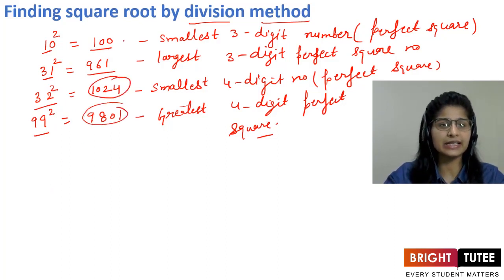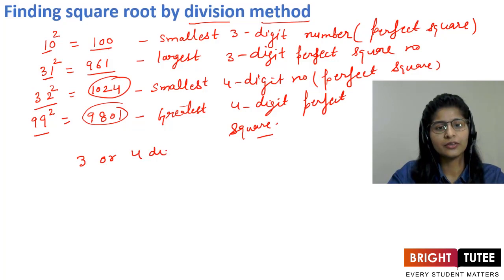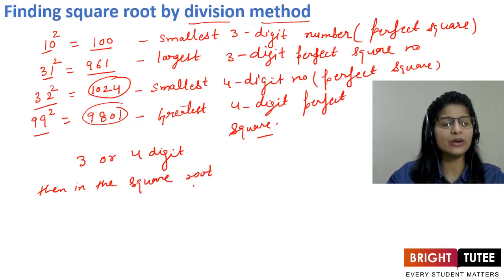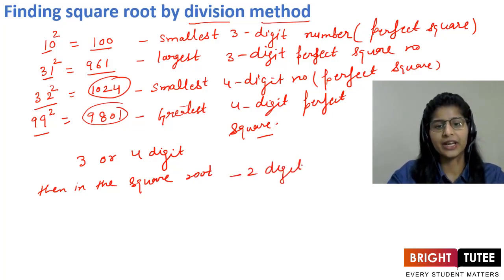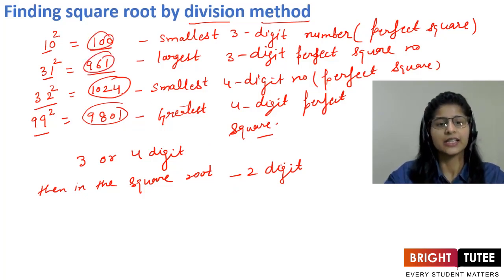So can we say that if a square of any number has 3 or 4 digits in it, then in the square root of that number we will have 2 digits. If square of any number has 3 or 4 digits in it, then the square root will have 2 digits, right? So what is the conclusion?